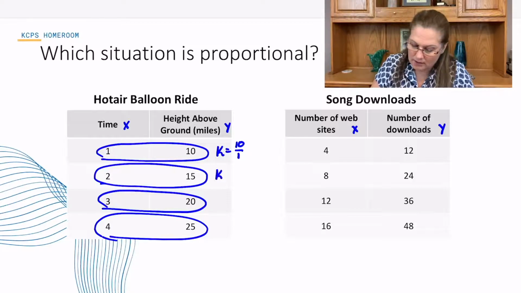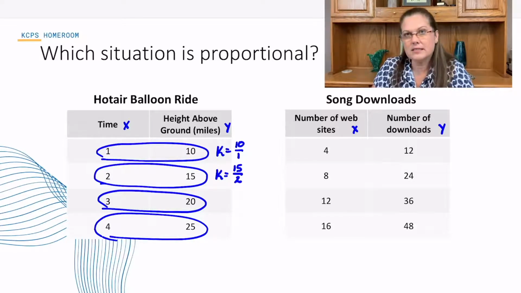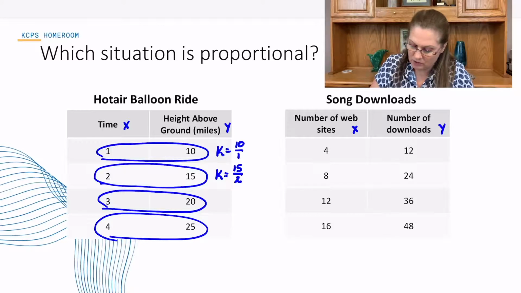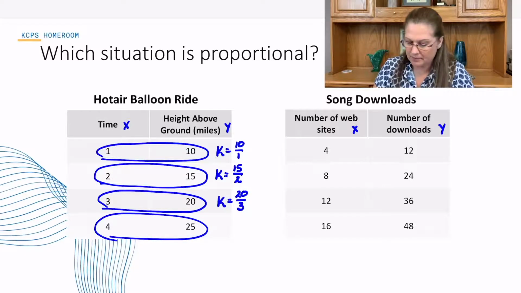So our next constant of proportionality equation is 15 over 2. 2 is prime, so unless 2 can go into 15 evenly, we can't simplify. It doesn't, so that's as far as we can go. Our third ordered pair is 20 over 3, or 20 divided by 3. 3 is also prime, so unless we can divide 20 by 3 evenly, it's already simplified.